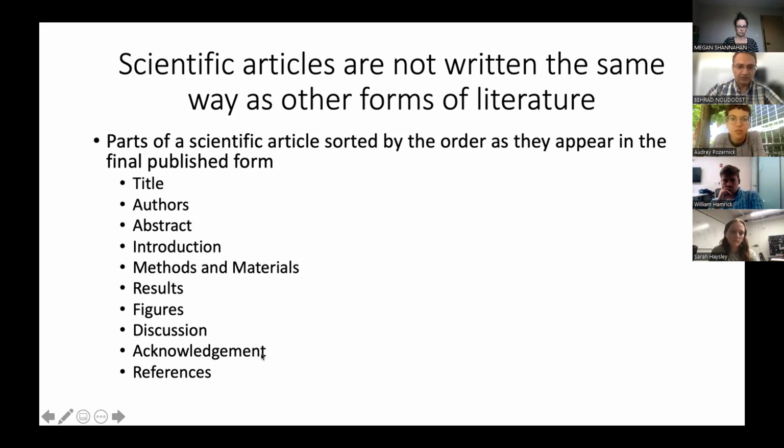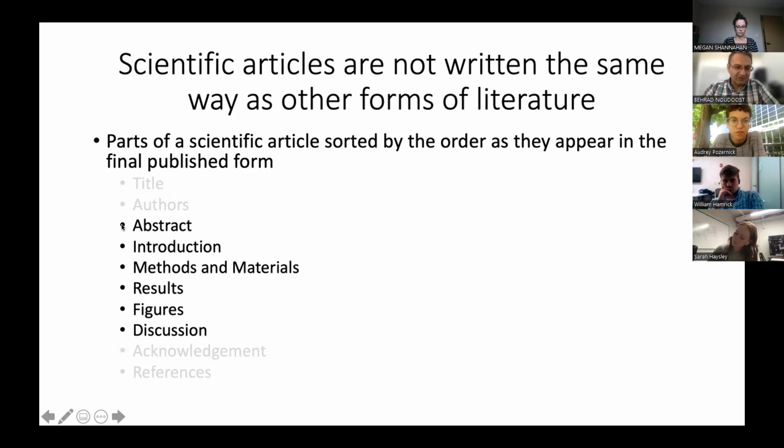And then at the end, usually you end up with a set of acknowledgements and references at the end of the paper. So I'm just excluding what is less important for reading a paper.